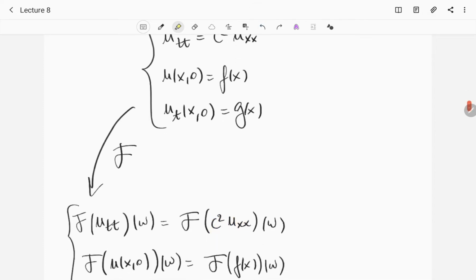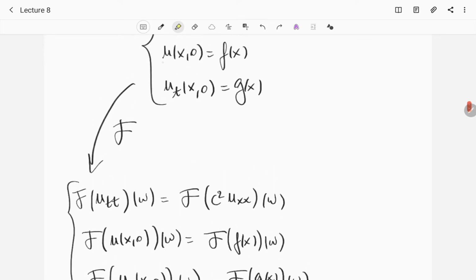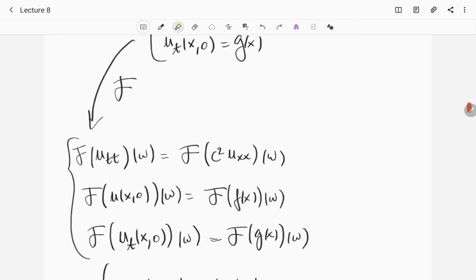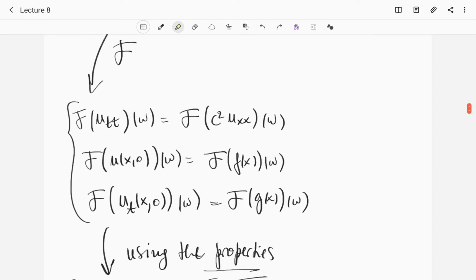And now we will use, and we do that in this line, the Fourier transform of this line, and at the end the Fourier transform of this line. Okay, and now we will use the properties that we know. For instance, this is a number, and we saw that the Fourier transform is a linear functional, so we can put this number outside the Fourier transform.